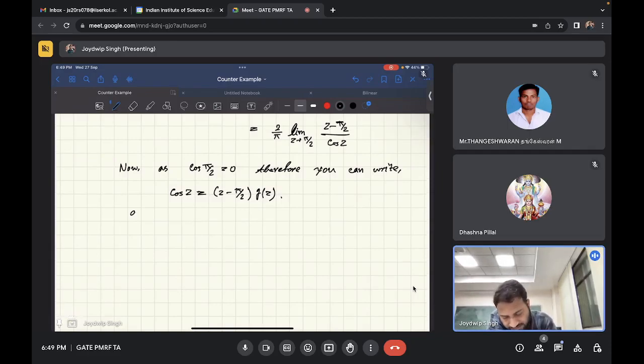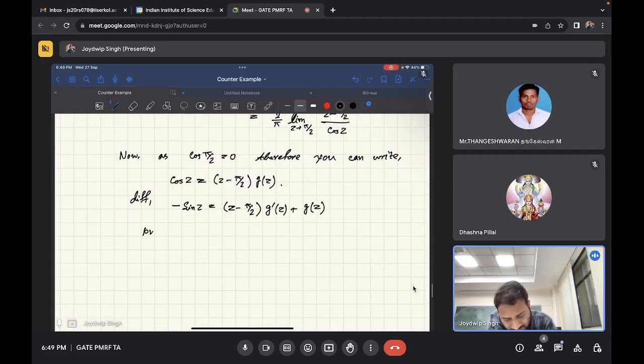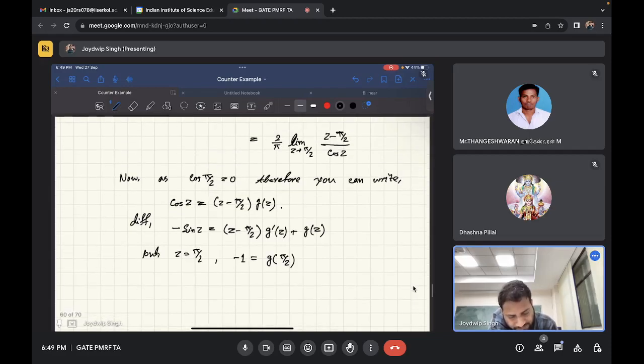So differentiate this on both sides, then you will get minus sin z equals (z minus pi by 2) g dash z plus g(z), right? Now put z equals pi by 2, then you will get minus 1 equals g(pi by 2). So g(pi by 2) has value minus 1, right?